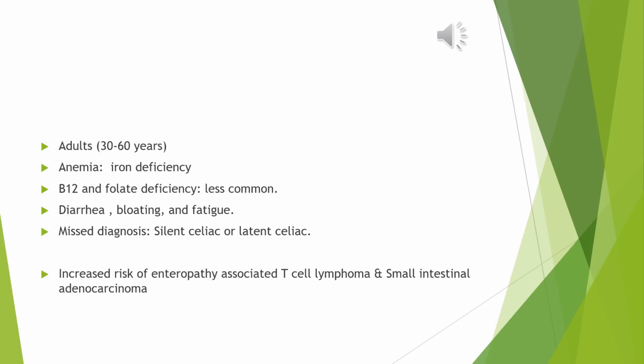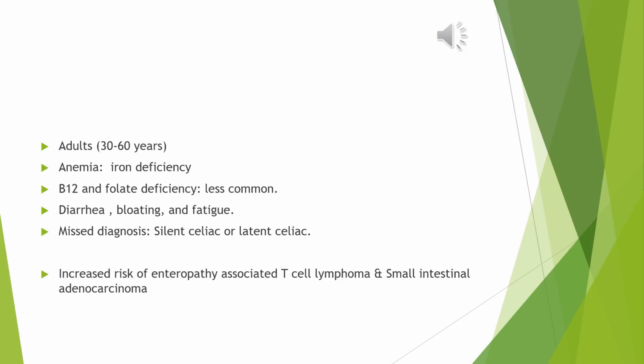Latent disease means that the patient has a positive serology. However, histology is normal and symptoms are absent. And this is called latent disease. These cases of silent disease or latent disease may develop the full-blown picture of celiac disease later on.